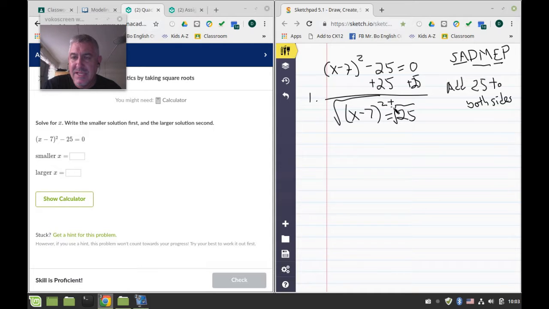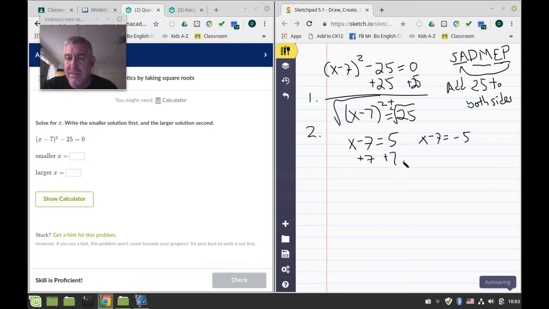This is just like what we did last time, except that there's something inside the parentheses, and last one there wasn't something inside the parentheses. So we're left with x minus 7 is equal to 5, or x minus 7 is equal to negative 5. And then we've broken our parentheses, so we get to start over at the front after we've broken our parentheses and add 7 to both sides.